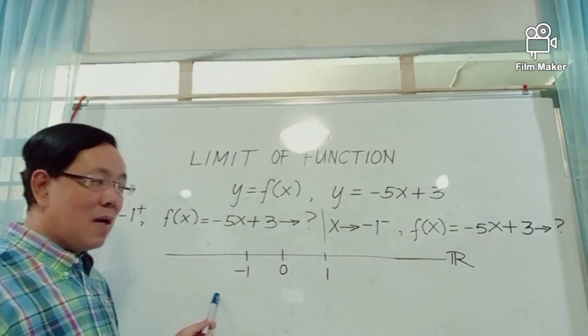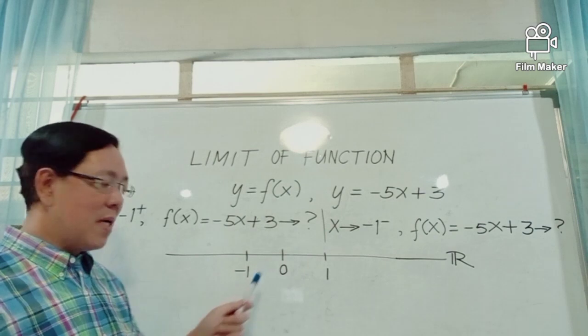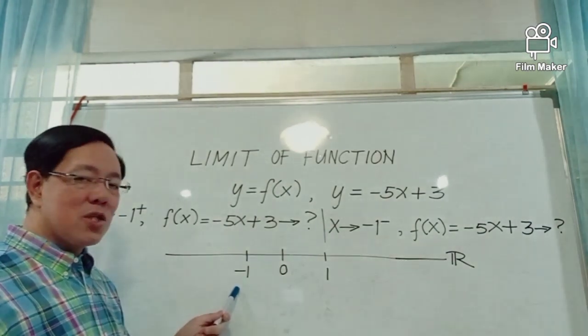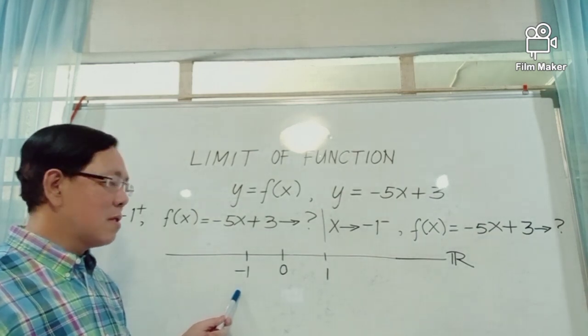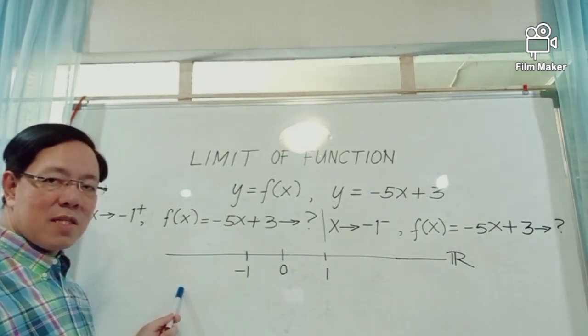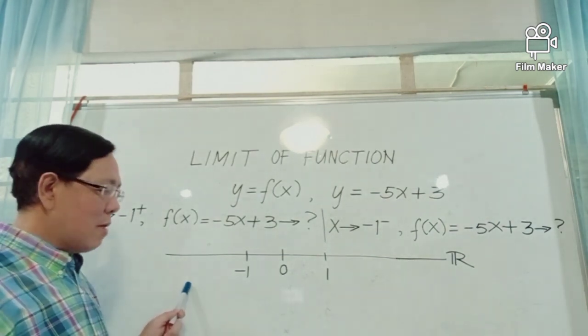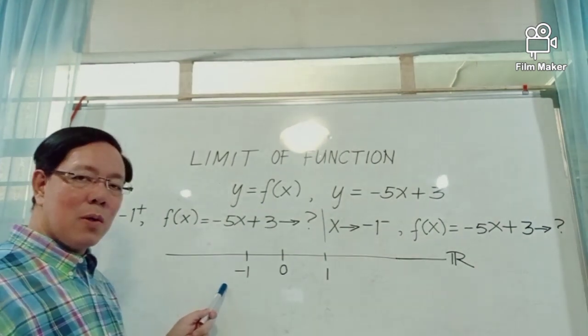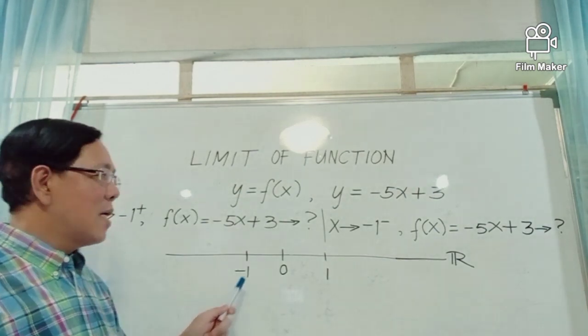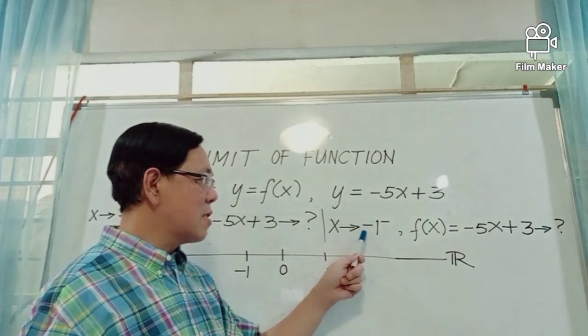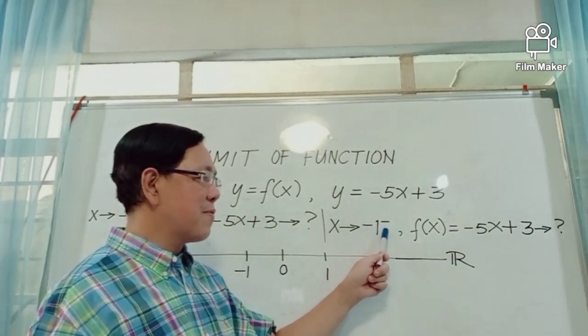In the diagram for the second part of the investigation, we start with an initial value of x, a number to the left of negative 1, and from that number, we assign values to x that are getting closer and closer to negative 1. Hence, the notation x approaches negative 1 from the left.